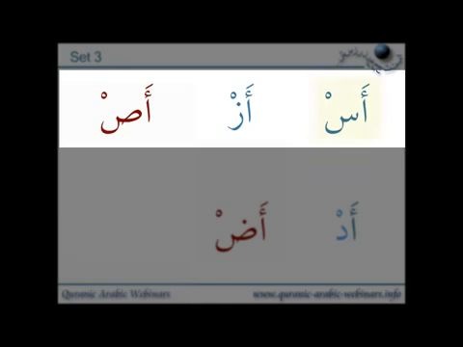The sad is effectively the heavy, full mouth version of the sin. So if we compare the sin to the sad, it will be "as" and a heavier "as". So all three of them again.